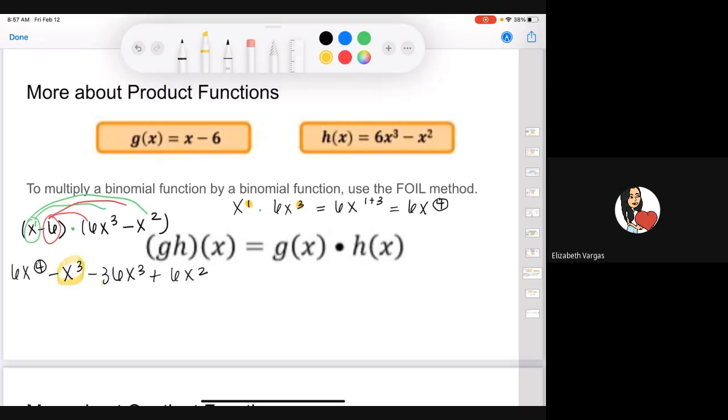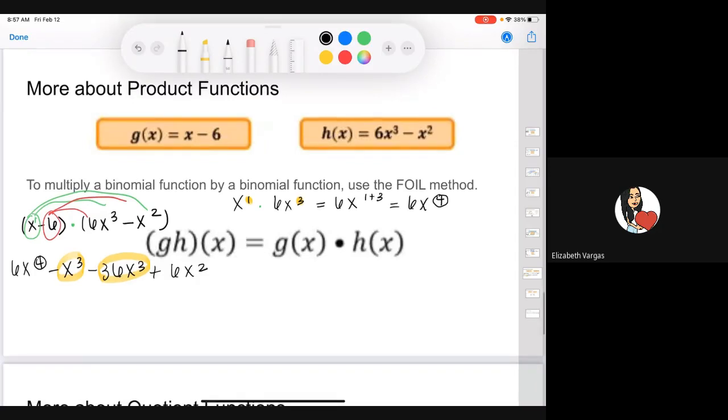This term and this term both have x cubed, so those are like terms. So in this instance, I put them together. So basically, we're just using the FOIL method to go about combining those different equations together, and this is where we end off.